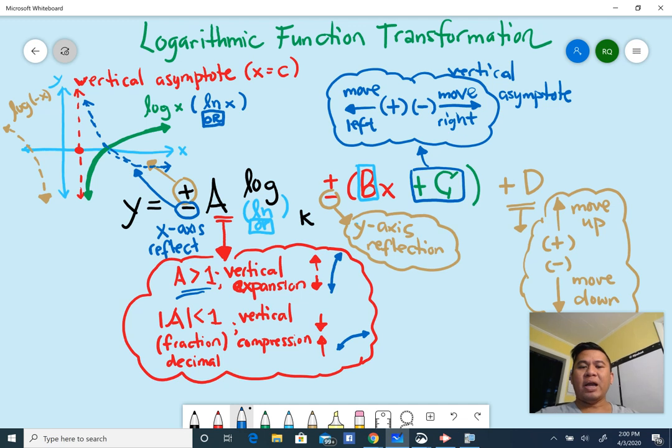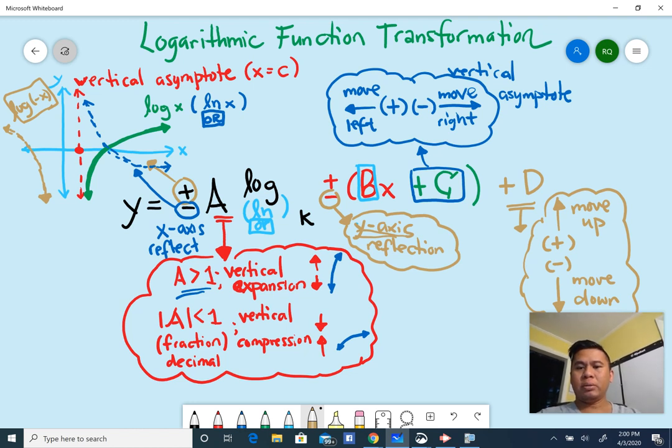If my b value becomes negative, then we should consider a y-axis reflection in that case. So if you reflect this green on the y-axis, then we would get this particular graph in here. That's log of negative x.